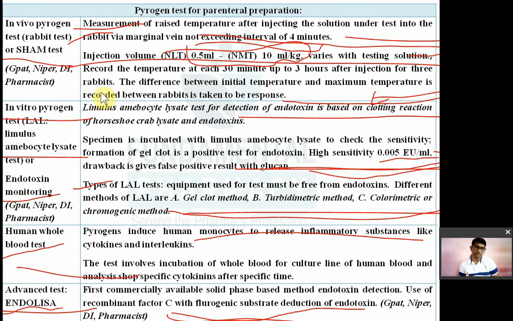There are 4 methods. First method is the in vivo method, also known as the sham test or rabbit test. Second method is the in vitro pyrogen test or LAL test or endotoxin monitoring test. Third test is the human whole blood test. Fourth one is Endolisa. So these tests will confirm whether your product has pyrogens or endotoxin or not.